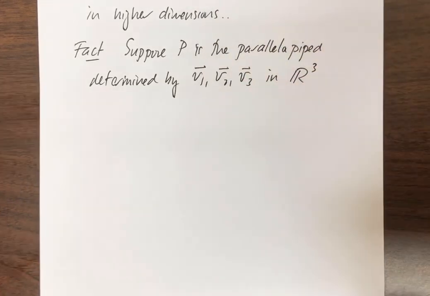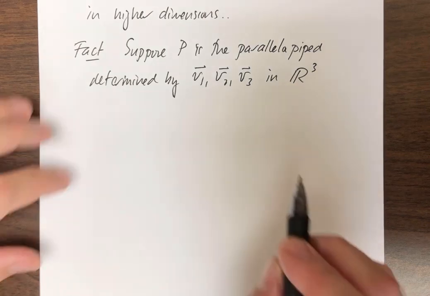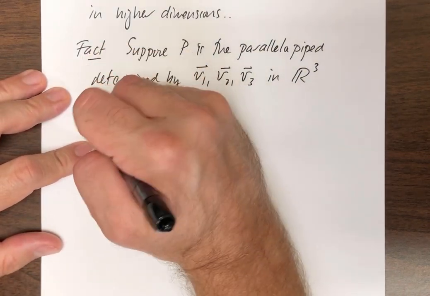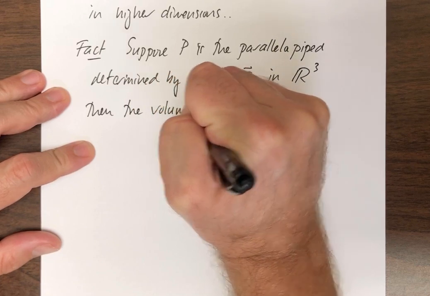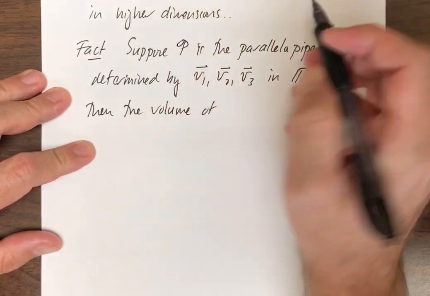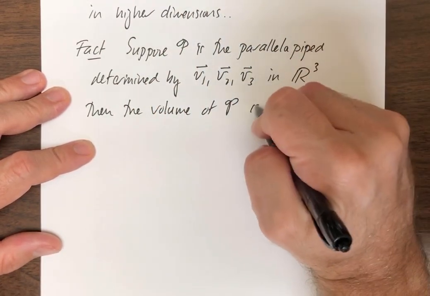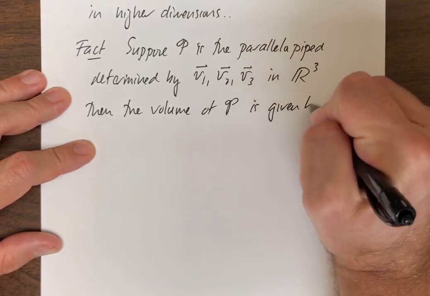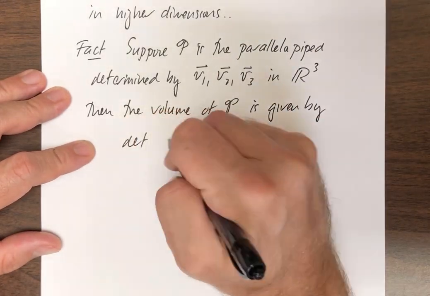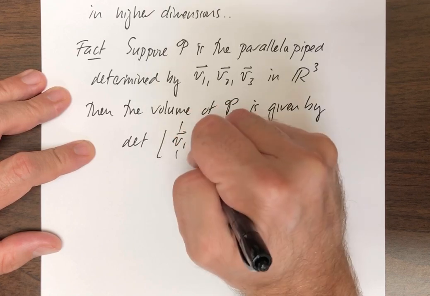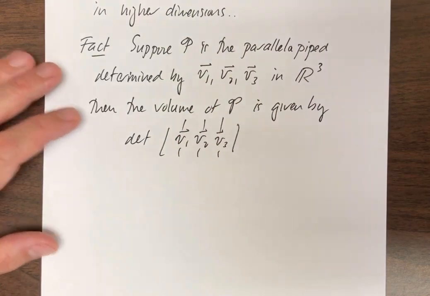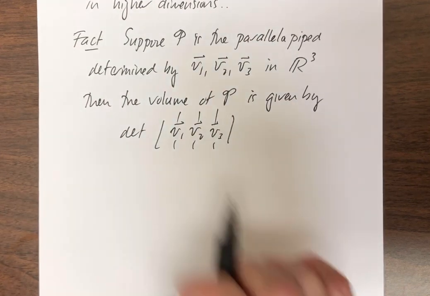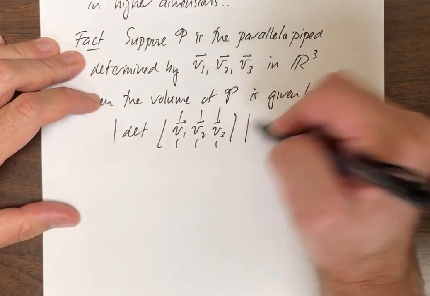And so I'll try to draw a picture of this in a second and probably fail, but the fact is then the volume of this fancy P is given by the same thing, basically. You take the determinant of this 3 by 3 matrix, put the vectors into a matrix, you've got a 3 by 3 matrix, you can take the determinant and you take the absolute value.